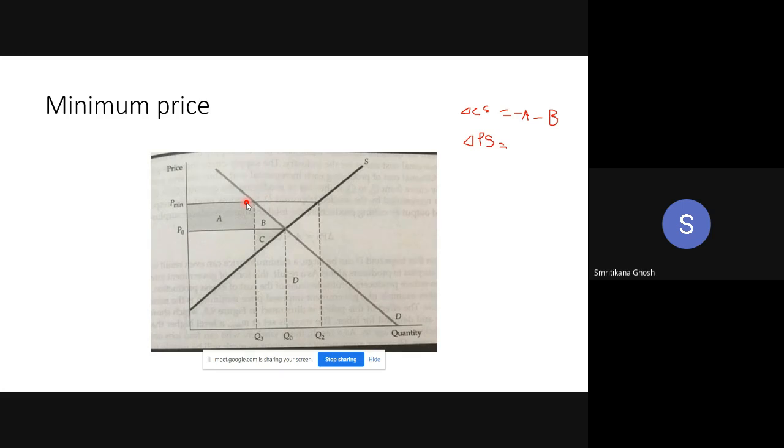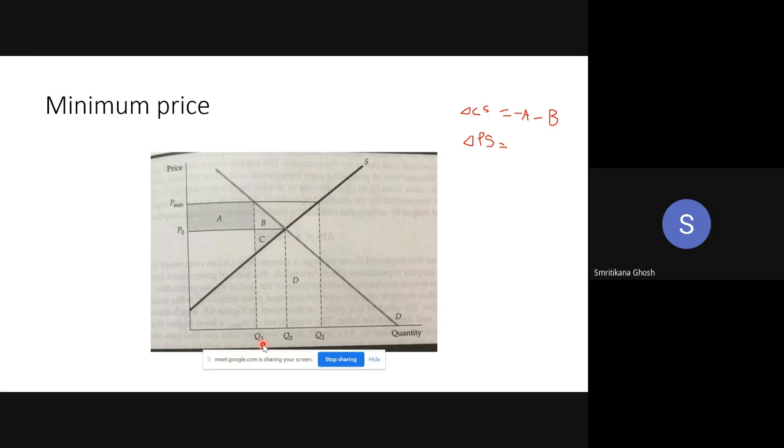So there is a gain. But at the same time, they are selling a lesser quantity than before. They were selling Q naught initially, but now they are selling Q3. So both effects are working on the producer. Price is rising, obviously good, but the quantity sold is falling. This is bad. Both are reflected in their producer surplus.